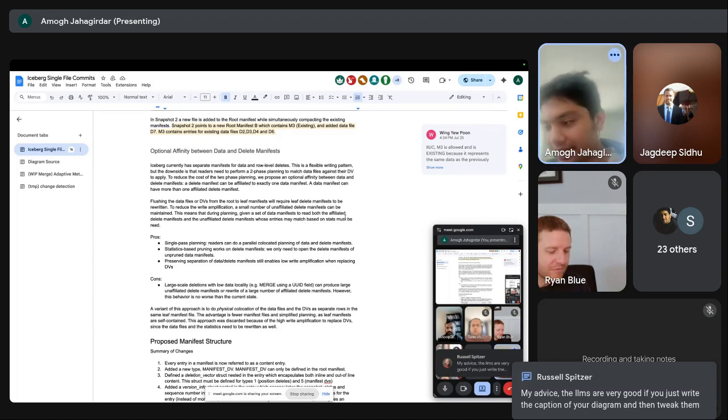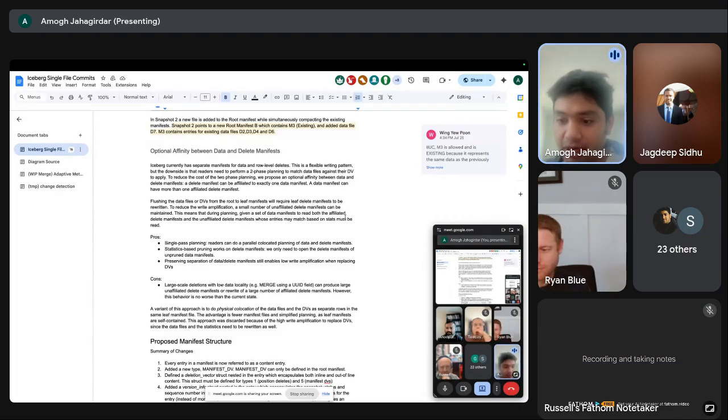Today we have separate data manifests and delete manifests, and reconciling which delete files to apply for a given data file requires two-phase planning, because with this complete separation we won't know, without reading the set of delete manifests for a given partition, which files need to be applied. This is what we refer to as two-phase planning in the project.